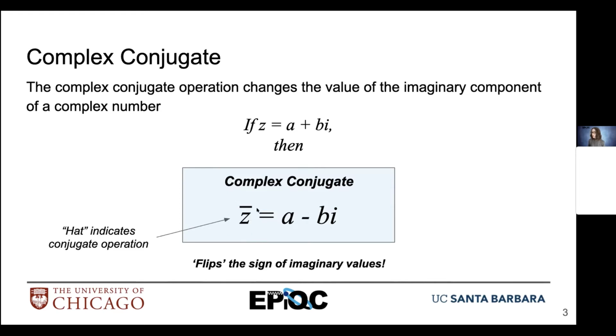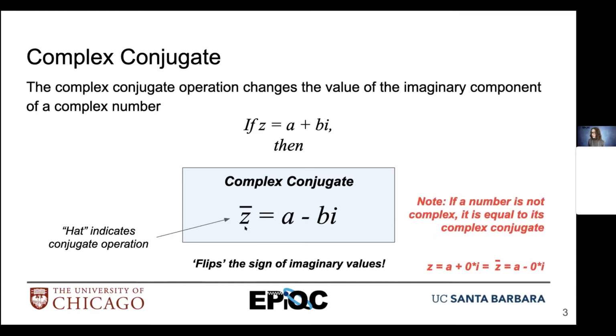And we oftentimes see this notation where a hat on top of a variable indicates a complex conjugate operation. So as a note, if we have a number that's not complex, just a real number, it's equal to its complex conjugate.